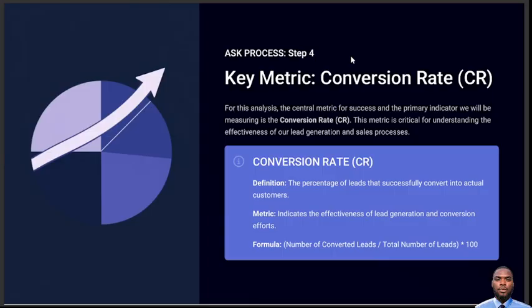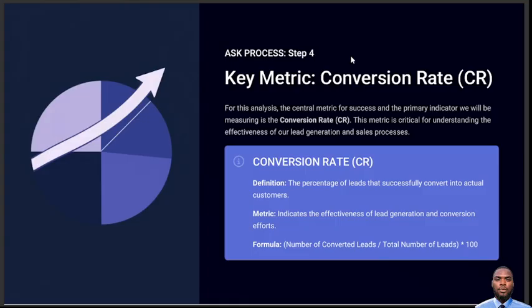Now, the last thing when it comes to the ask process is what? Your key metrics, I mean your success metrics. Our success metric for this analysis is conversion rate. The conversion rate is the number that we are going to use to check if any of our findings is good or bad.